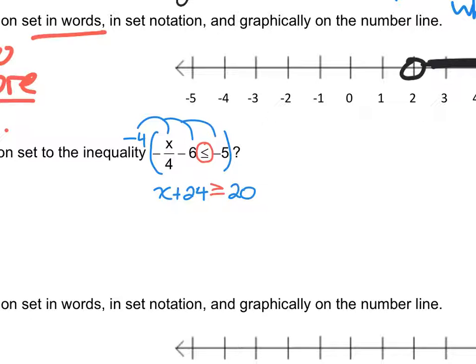So now I'm going to subtract the 24. And I get x greater than or equal to -4. So this is my inequality. If I wanted it in set notation, very simple adjustment.